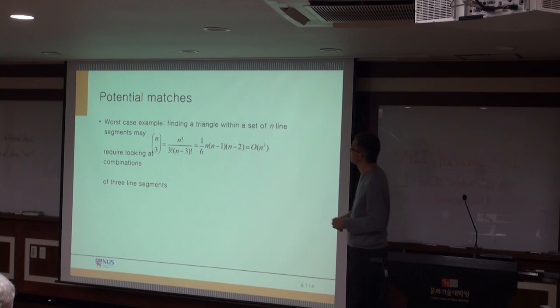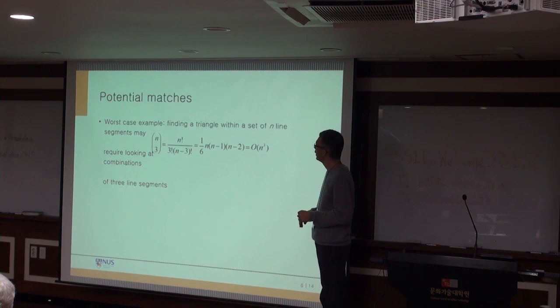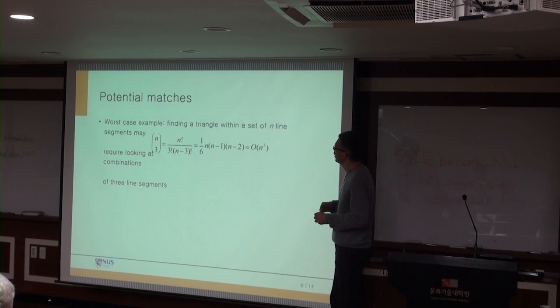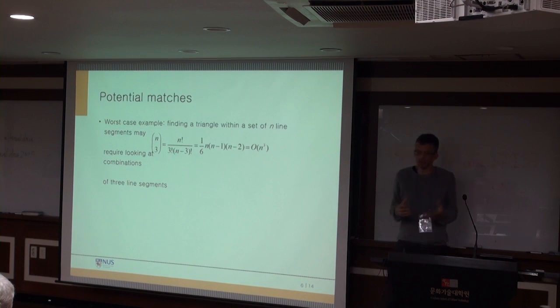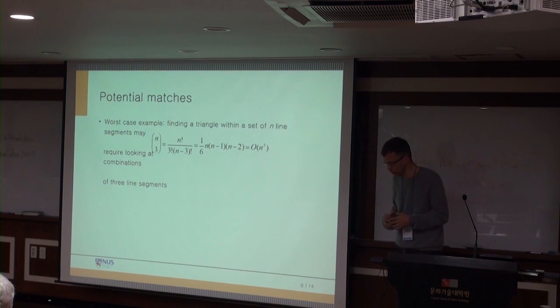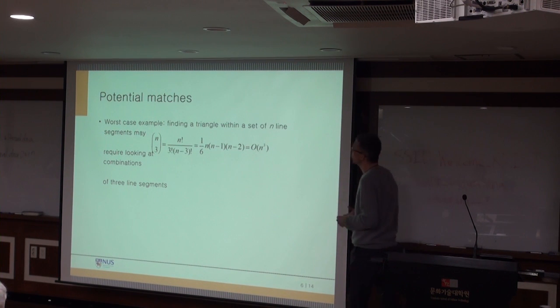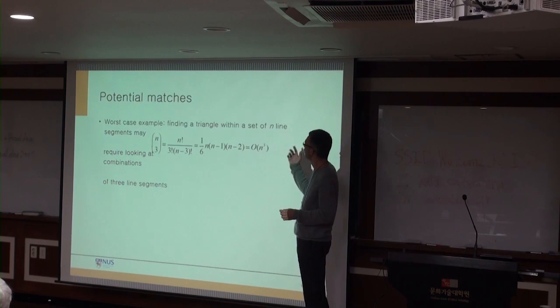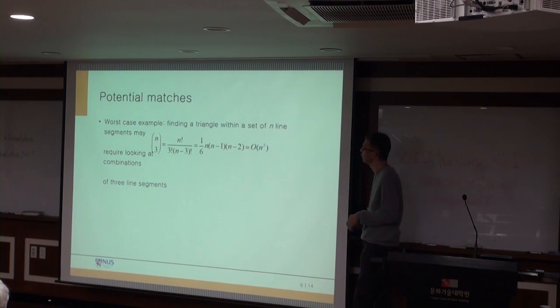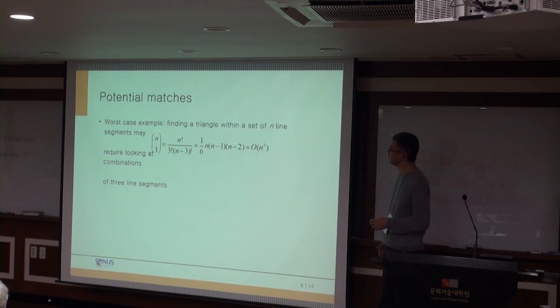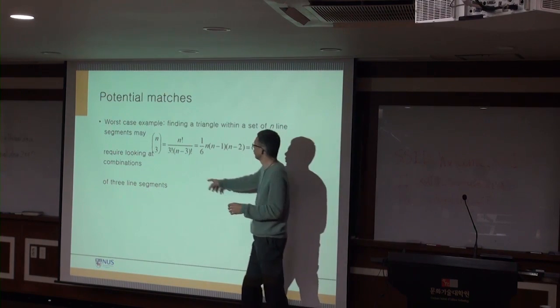And then about the potential matches, well, we of course want to make the algorithm efficient. We don't want it to have to spend too much time on matches that are actually not really possible. In the worst case example, if we're dealing with finding a triangle within a set of n line segments, it's a combinatorics problem.